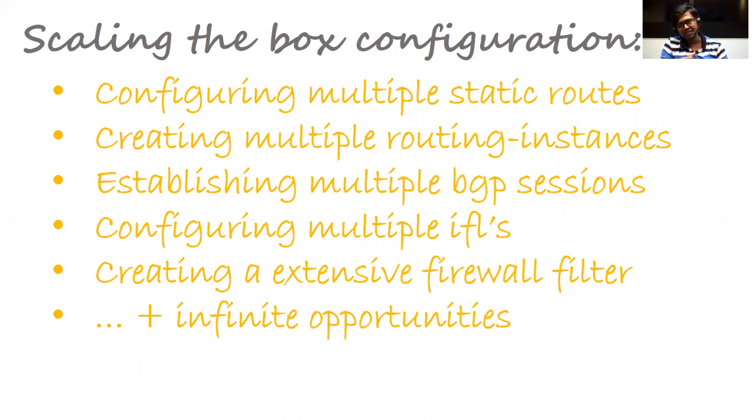Scaling the box configuration is a challenge we quite often face. Say I have to build a network with multiple static routes. I have to build multiple routing instances in a box.